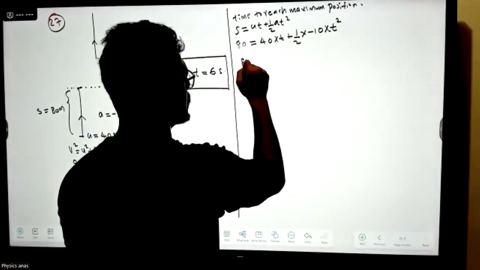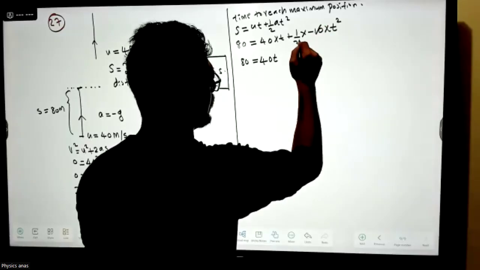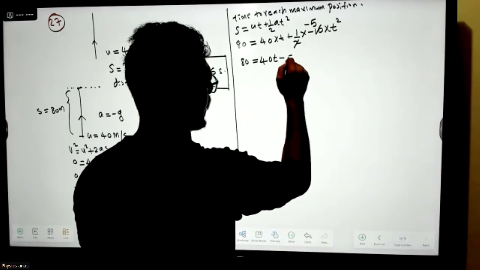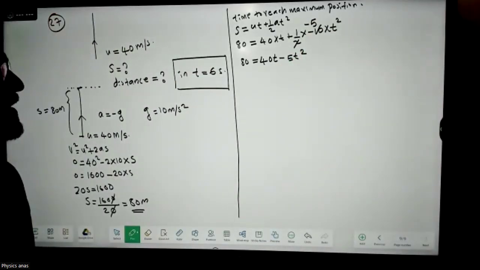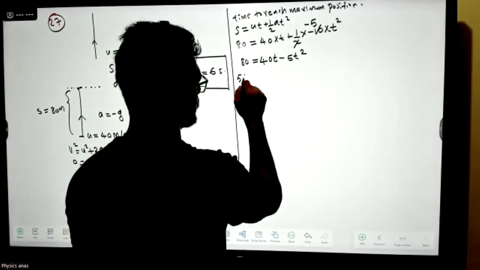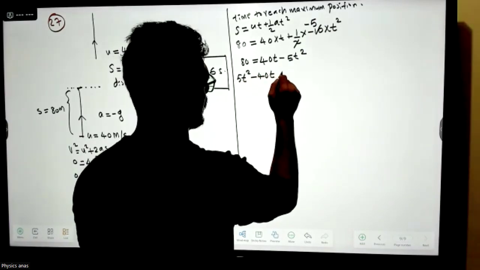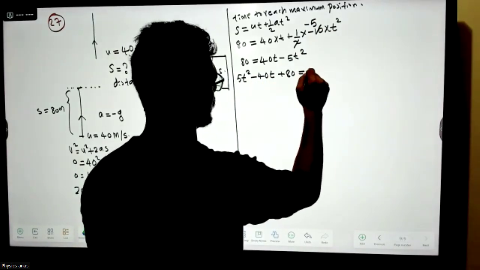That will be 80 is equal to 40t minus, this 5, 10 and 2 can be cut, you will get a minus 5 here. So 5t square. That will be an equation. So I can bring this minus 5t square to the other side. 5t square minus 40t plus 80 is equal to 0.